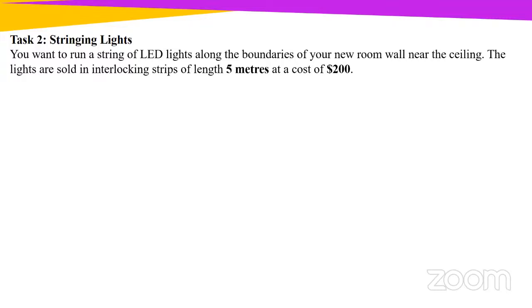What do you understand from the sentence? I understand that you're trying to put lights around your room, and one costs 200, and its length is 5 meters. Okay, so the length of one light is 5 meters.